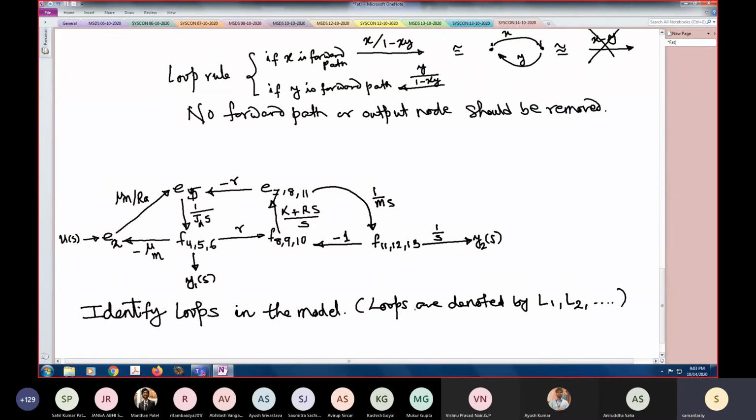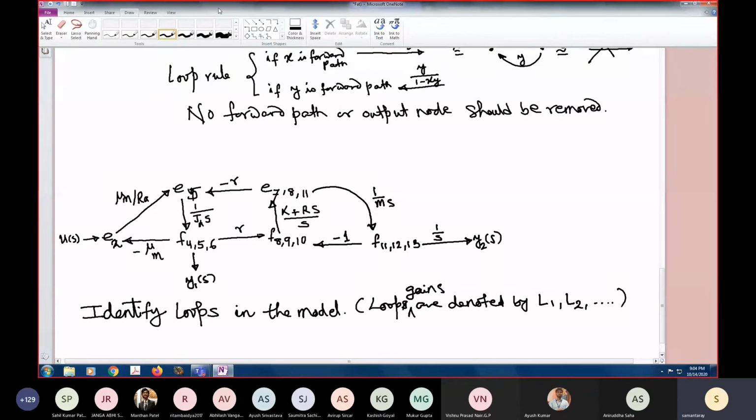So loop gains. Do you find loops in this? Do you see some signal starting from somewhere and coming back to itself? There are a lot of loops.